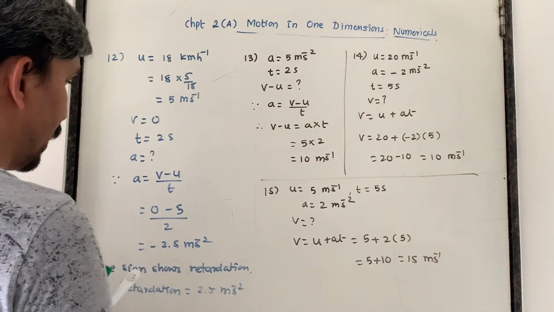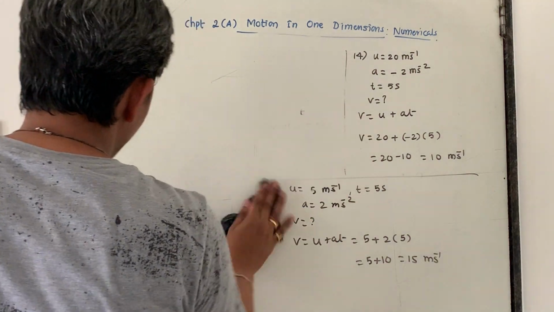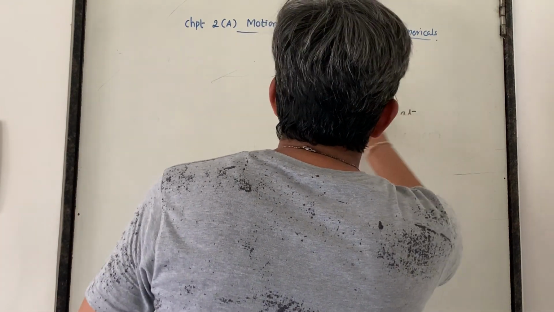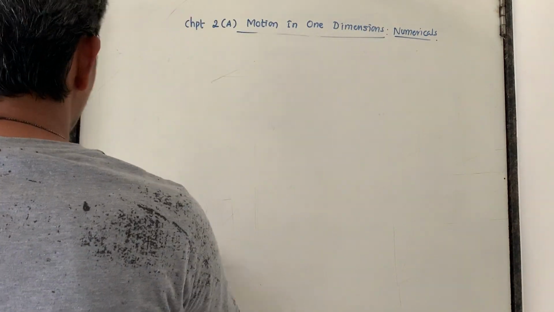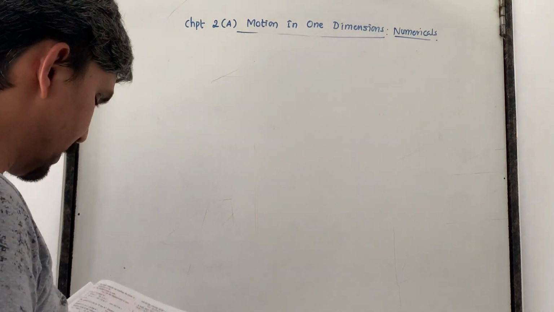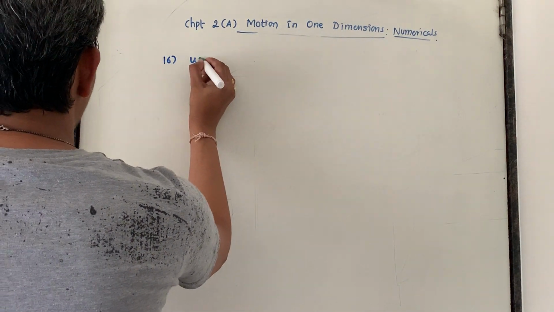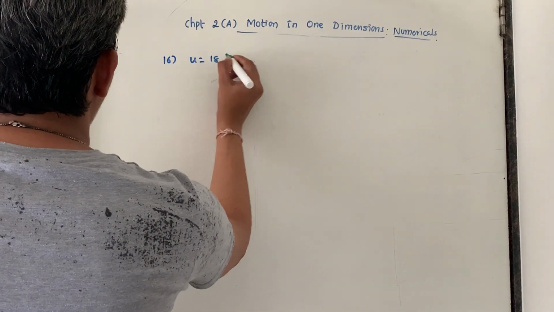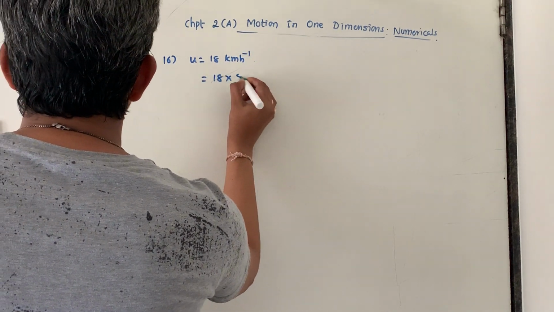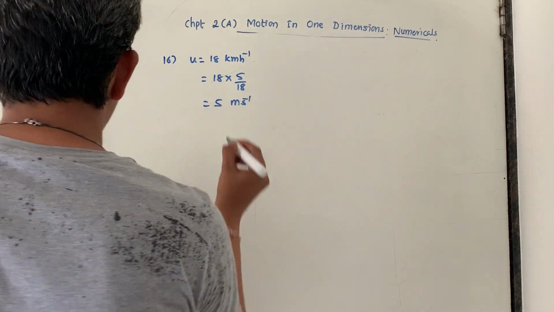Now we'll go with the last one, that is the 16th. Check this part properly. Important sum. Now in 16, check what is given. A car is moving in a straight line with a speed, that is u is given as 18 kilometer per hour. So it is 18 into 5 by 18, that comes out to be 5 meter per second.